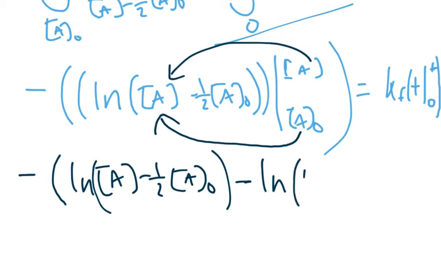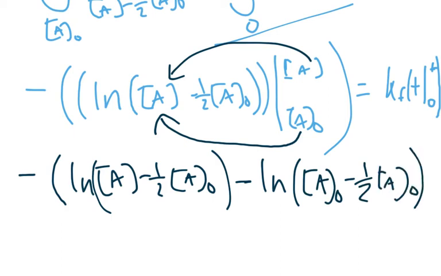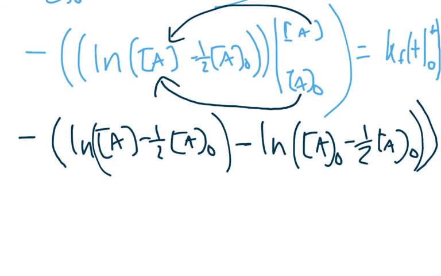So the natural log of A0 minus 1/2 of A0. And let's put that all in parentheses. And this is all equal to Kf times, let's plug in t here and subtract it from 0. So t minus 0. And I'll just simplify that right away to t.